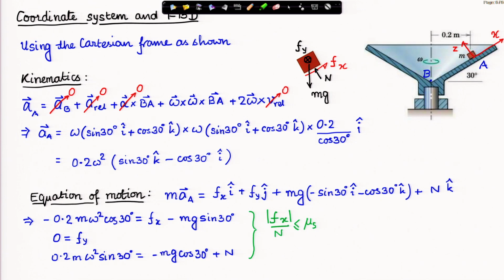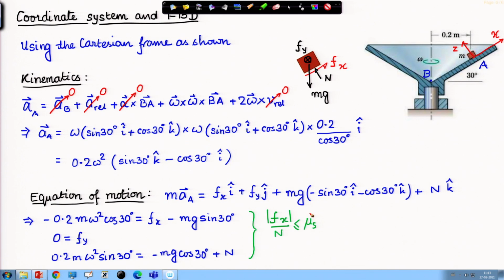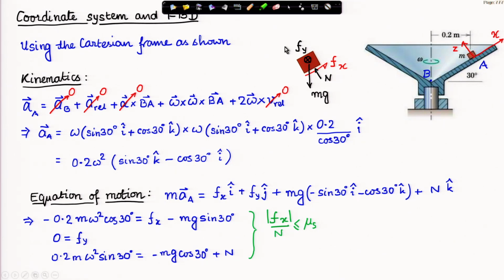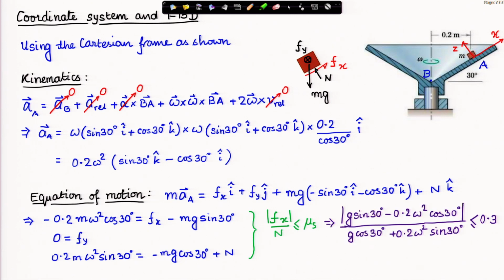Now, in this case it so happens that fy is 0, magnitude otherwise would have meant the magnitude of the net friction force would have been square root of fx square plus fy square. Because fy is 0 as it turns out, it is only the magnitude of fx. Now, this condition must be satisfied for no slip.